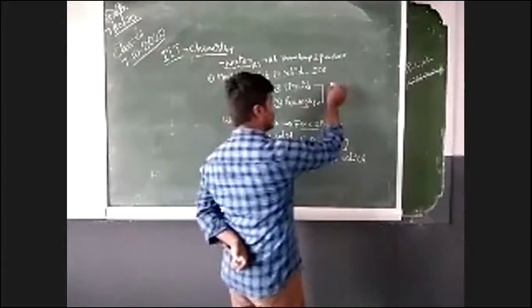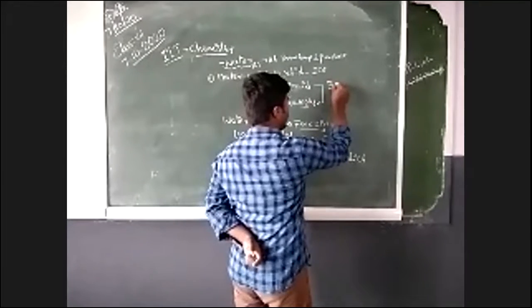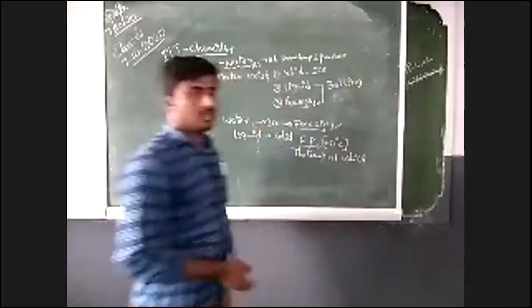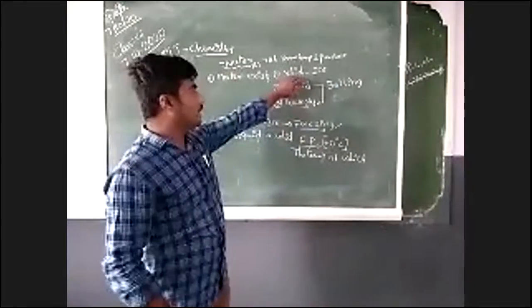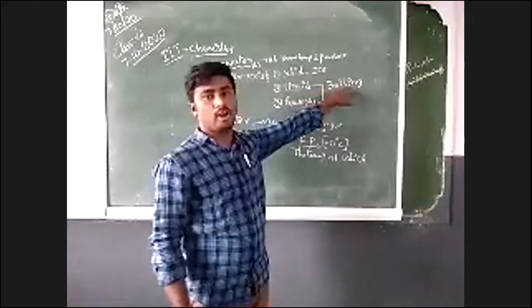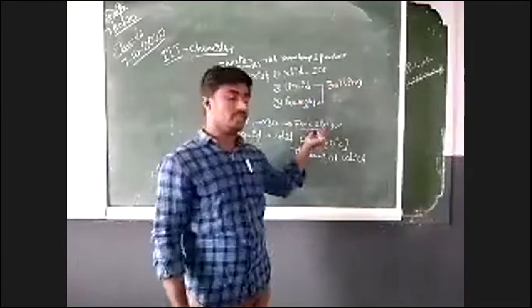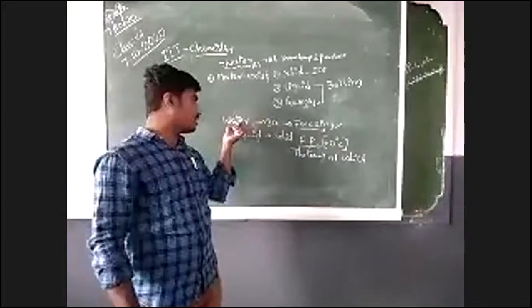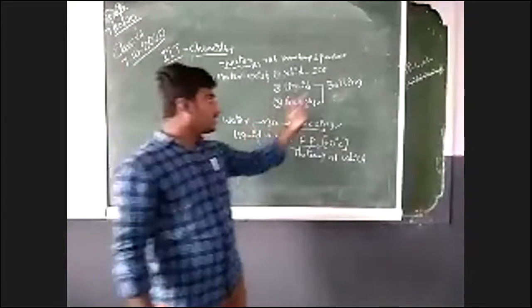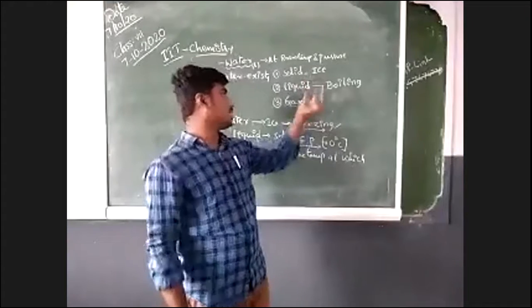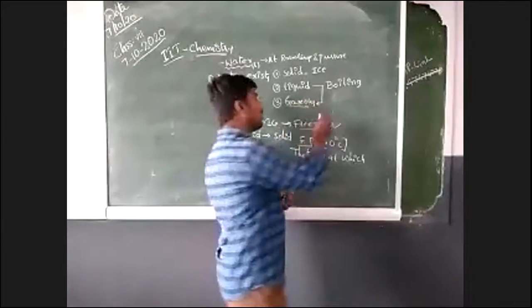The process in which liquid is changed to gas we call boiling. Freezing is the process in which water is changed to ice. Like that, boiling is the process in which liquid is changed to gas.